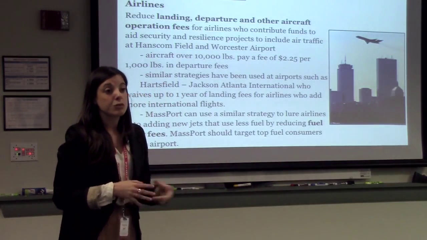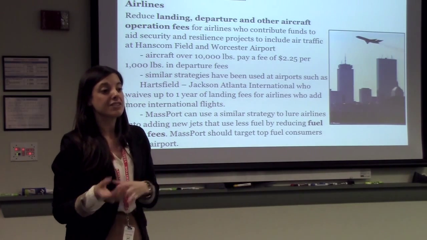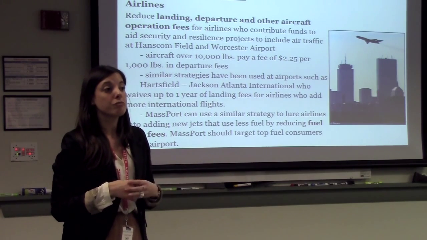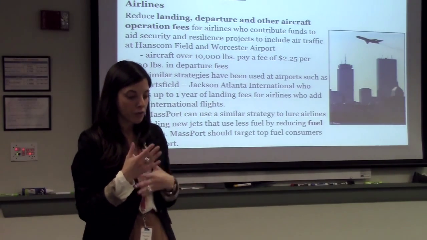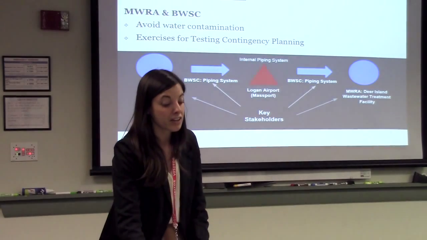Another alternative is to incentivize airline companies so that if they invest in resiliency measures or fuel efficiency, they can have discounts on their fees. So they are encouraged to get involved in resiliency and contribute.